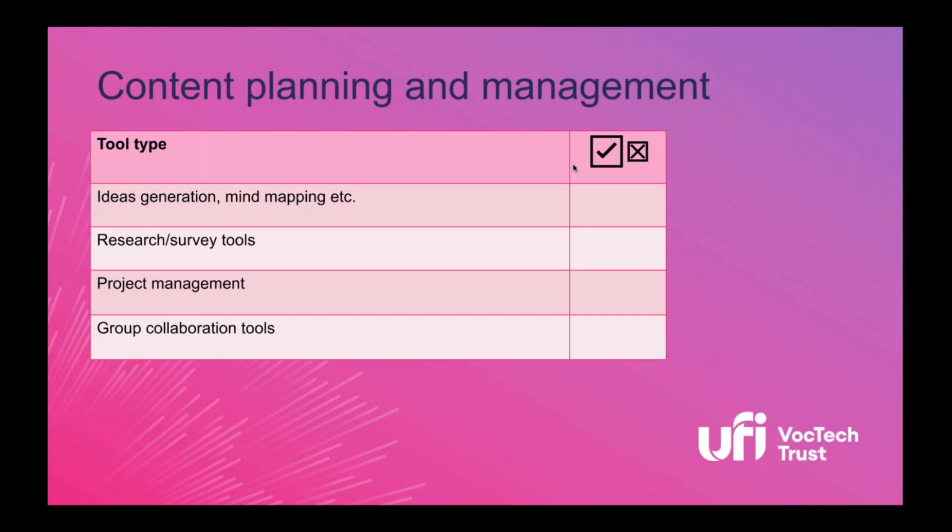When I was planning out this webinar, I used a mind mapping tool. I just find them useful. You may be working with remote technical people and designers for the first time. So an online project management tool could be really useful. Producing online learning may involve more complex teamwork than you're used to. So do you need ideas generation, research and surveys, project management, group collaboration tools? Which of those do you need?